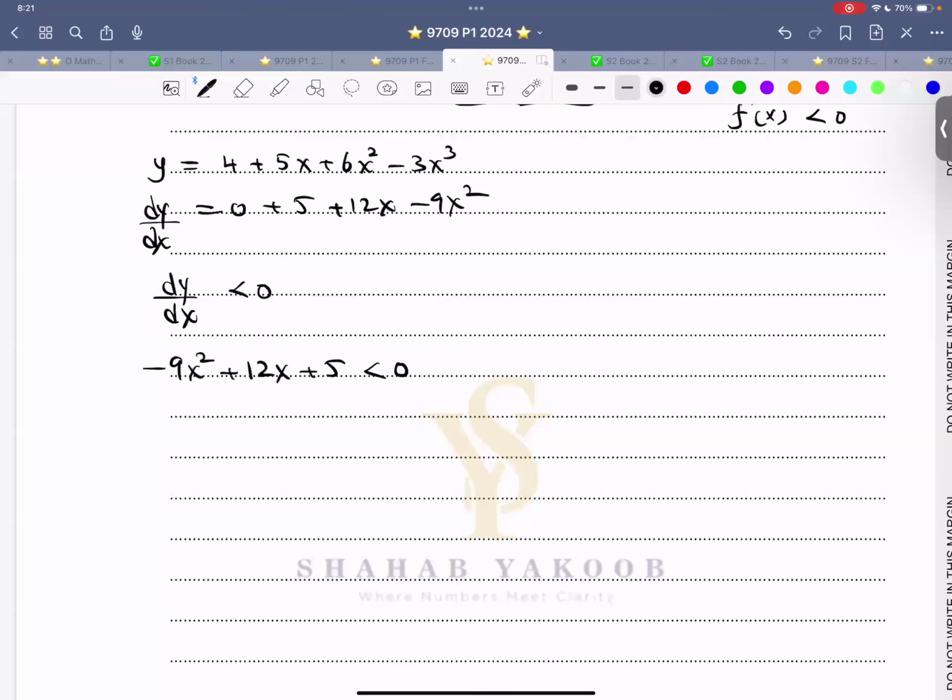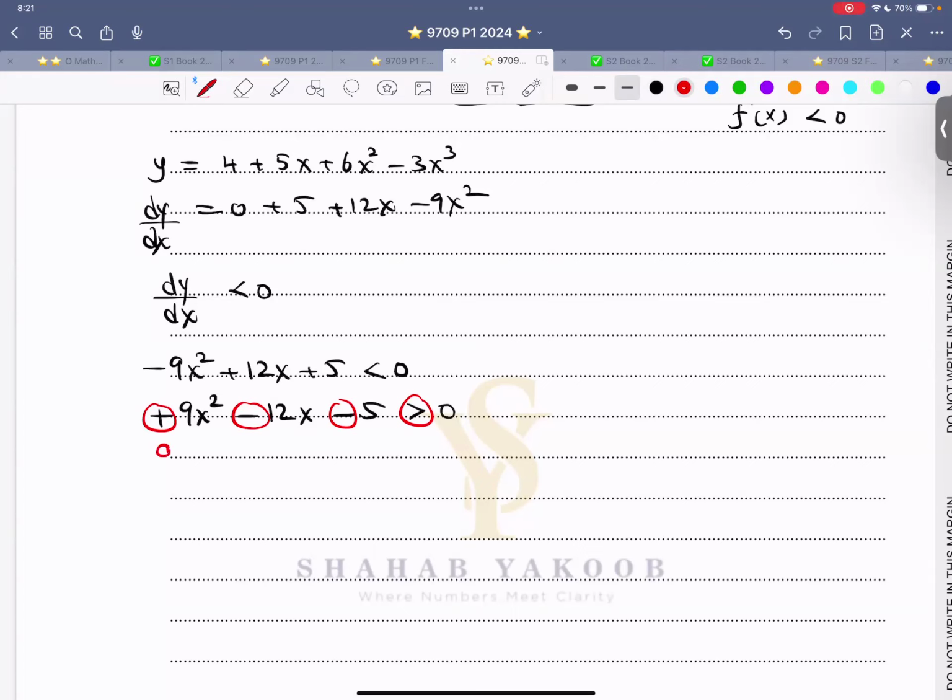Multiply by a negative sign: positive 9x squared minus 12x minus 5 is greater than 0. The inequality has flipped because all the signs are changed. So factorization, middle term, and 9 times 5 is 45.